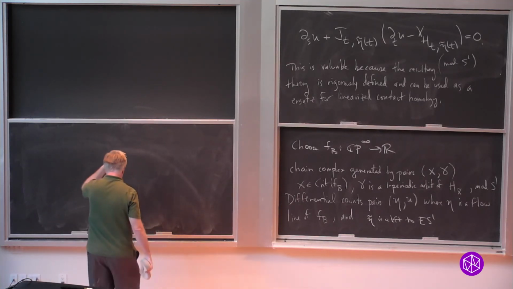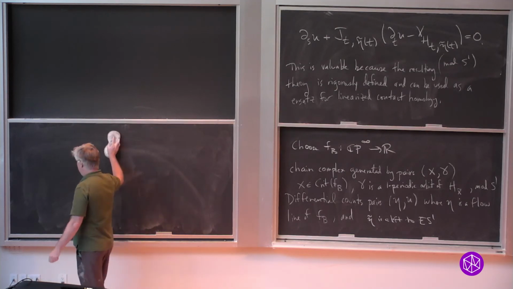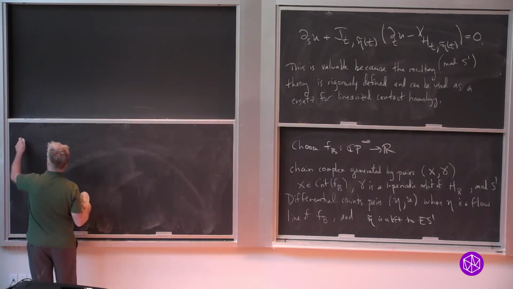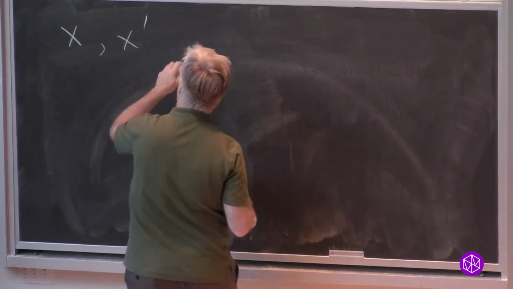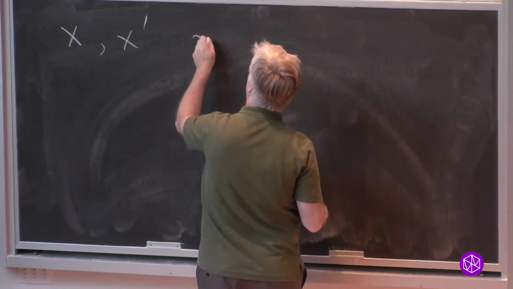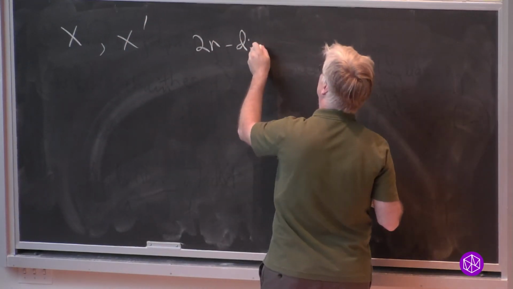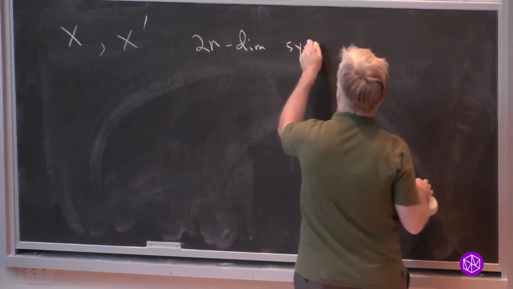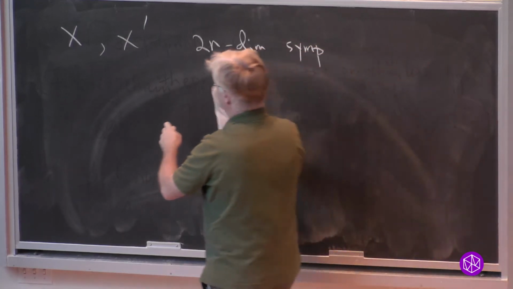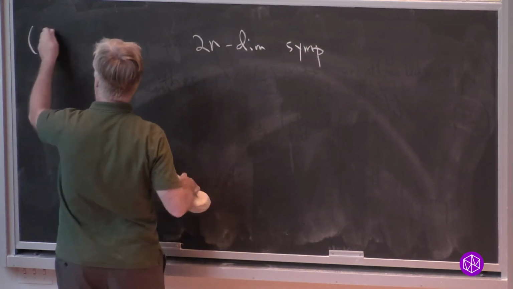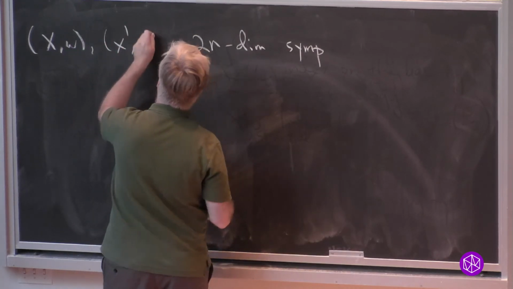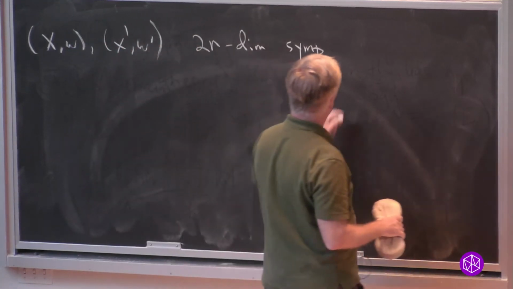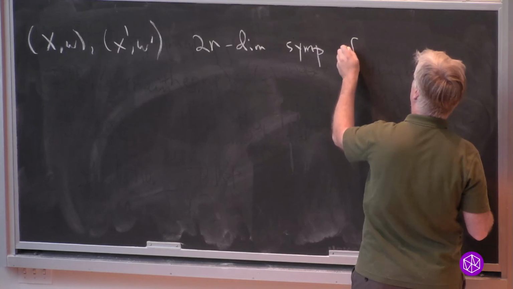So in symplectic geometry, people look at X and X prime, which are 2n-dimensional, or 2-dimensional symplectic manifolds with boundary.